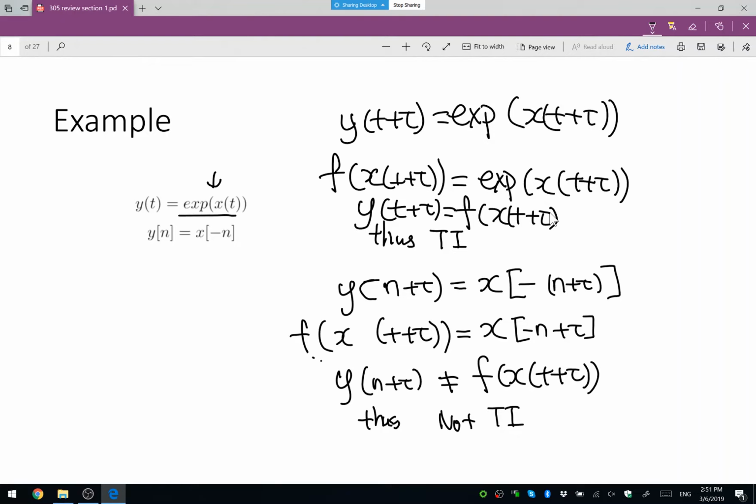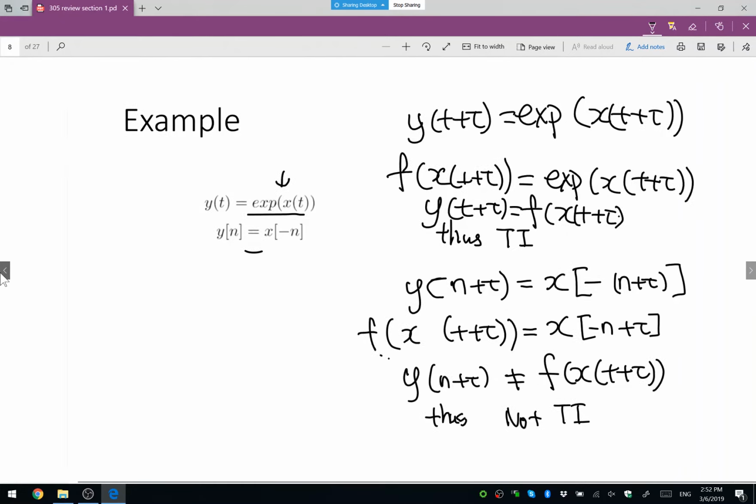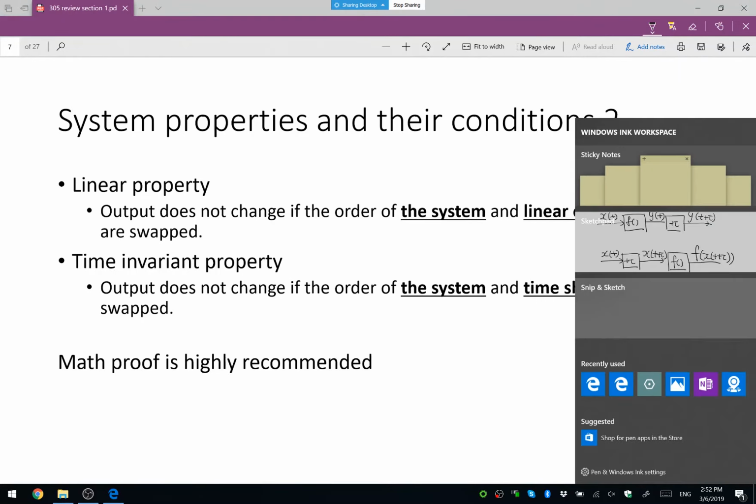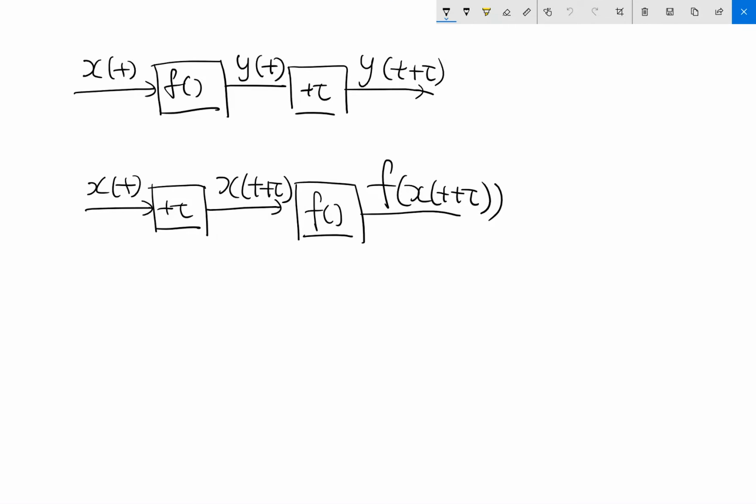Another very similar one is, what happened to this? A very similar thing is the linear property. So when we're talking about linear, we're actually talking about linear combination. Any of you don't know what linear combination is?